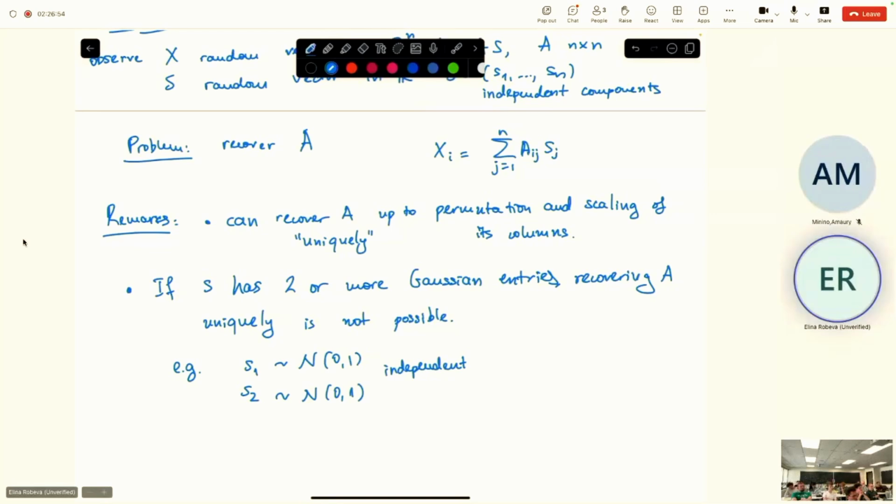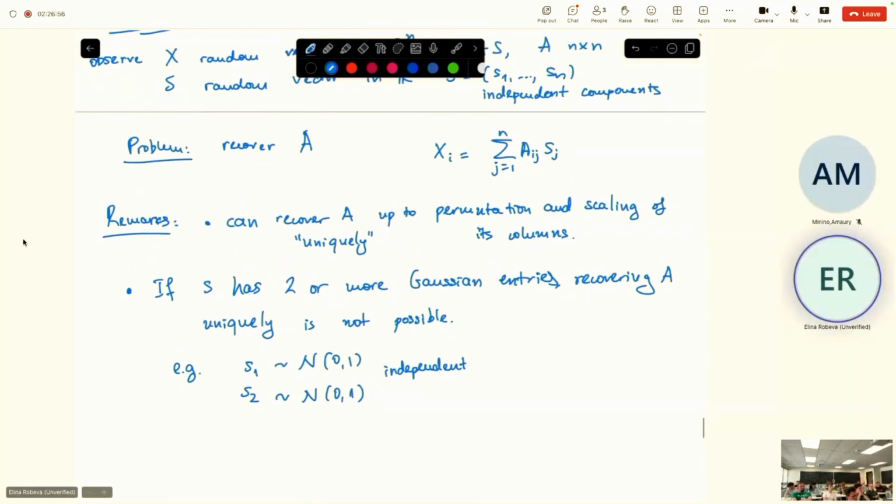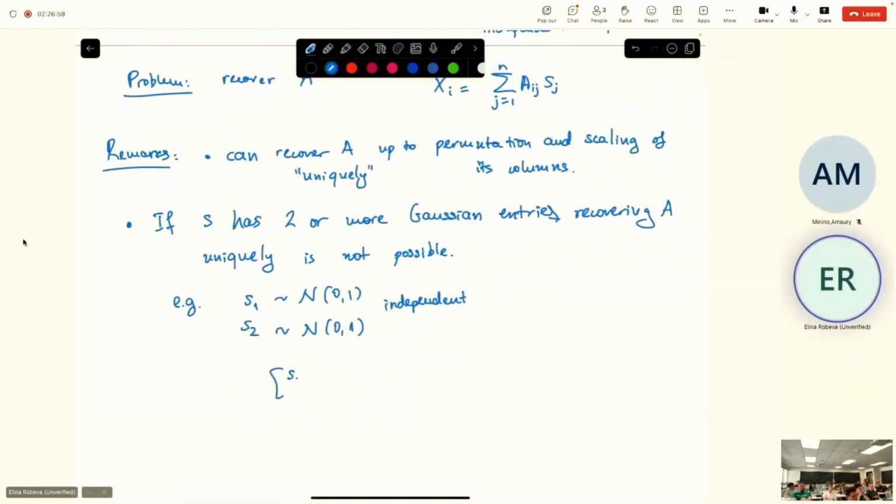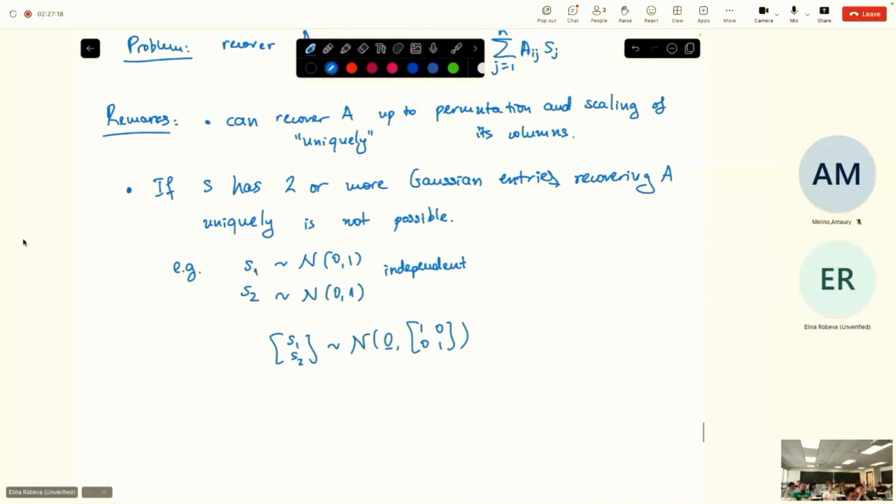Now if I take this random vector (s1, s2), you also know that it is standard normal, with mean the vector 0, 0 and covariance matrix 1, 0, 0, 1. I don't know if you have seen the multivariate Gaussian distribution, but okay, we have this. And now, can you think about a linear transformation of this vector that is non-trivial, that is not a permutation or scaling, that will keep the entries independent?